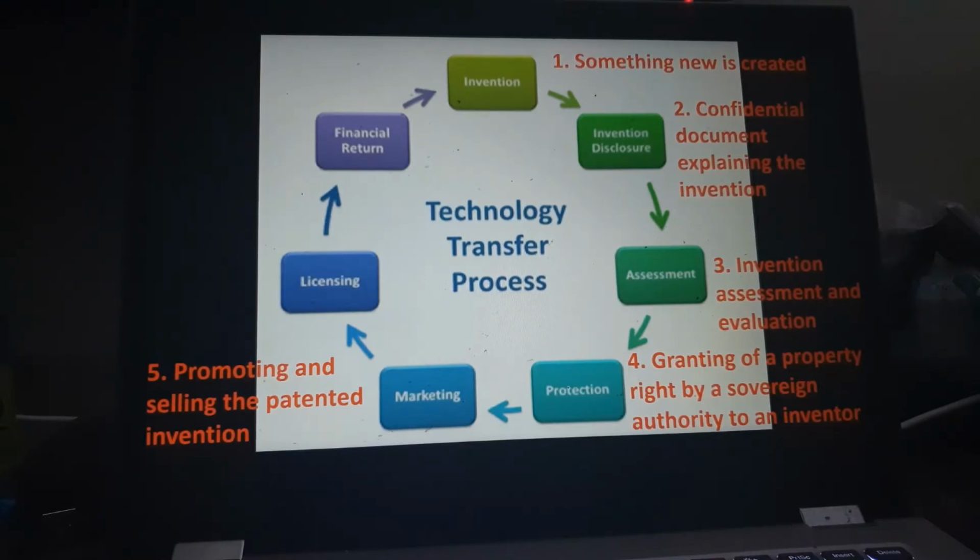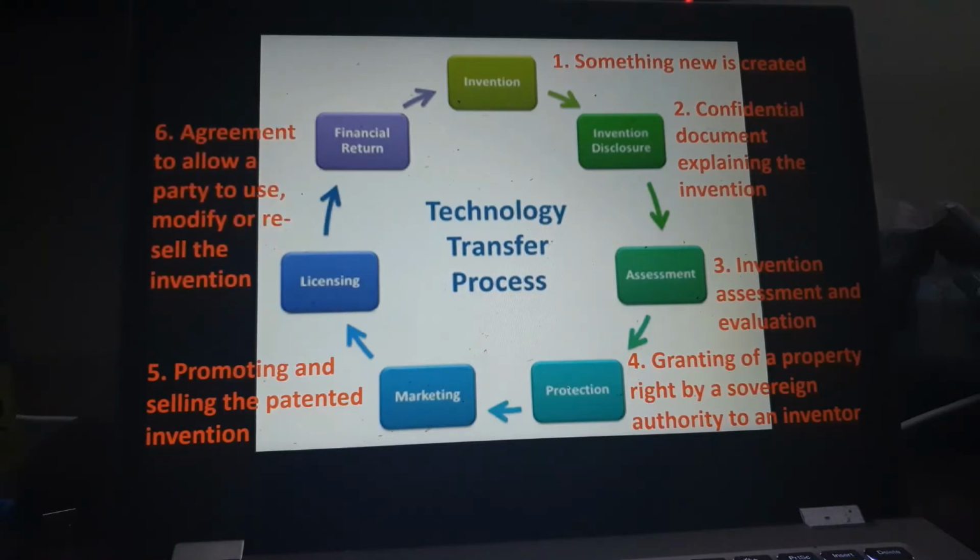And now, after you have marketed, you can now decide to license it. You do an agreement to allow a party to use or even modify or resell the invention. So now, that is where the transfer comes in.